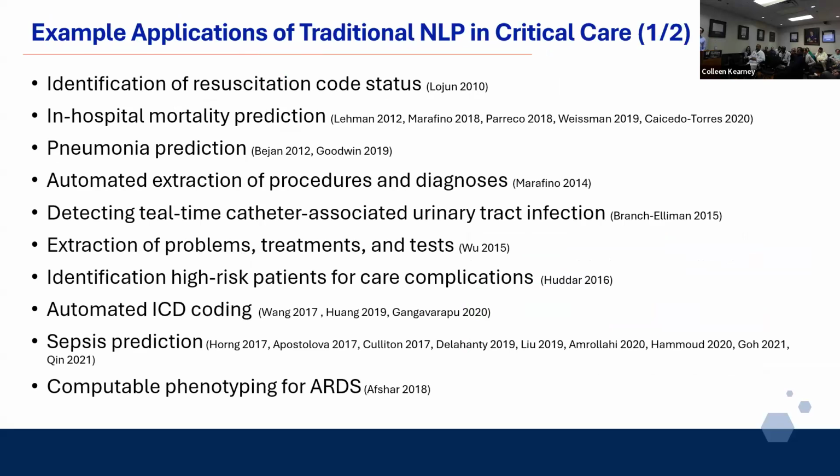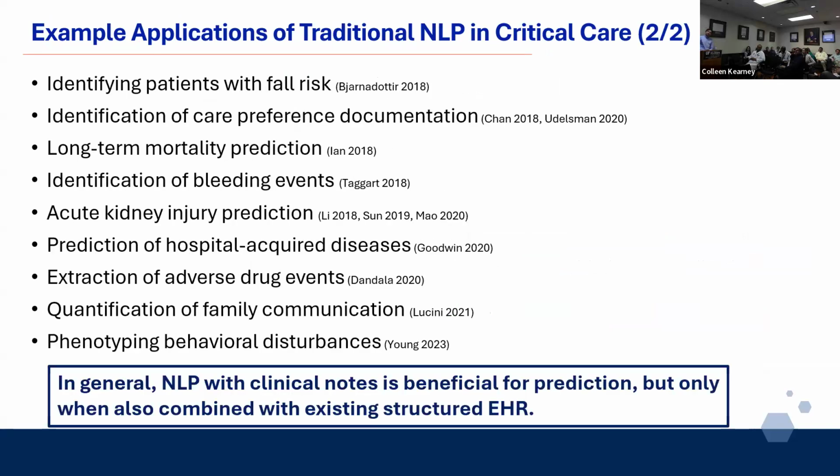There's lots of examples of NLP. I'm going to call it NLP now. That's natural language processing in critical care, doing different things: predicting outcomes, extracting problems, treatments, tests. Lots of work on sepsis, and a few studies on AKI there in the middle. And you'll notice a lot of these taper off around 2023, and I think that's the latest one that we found.